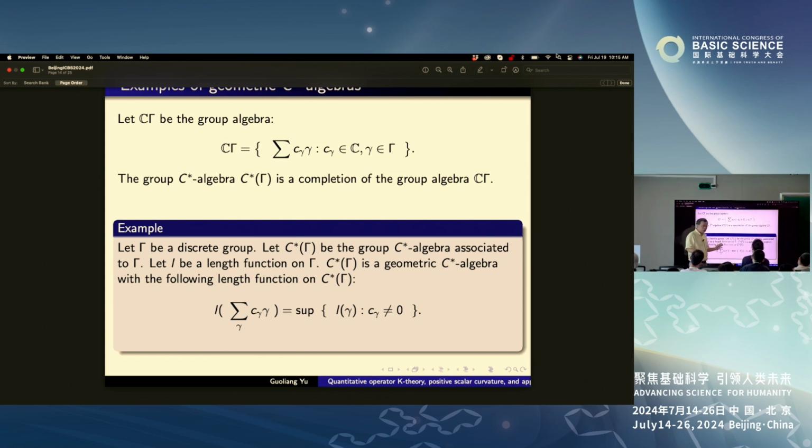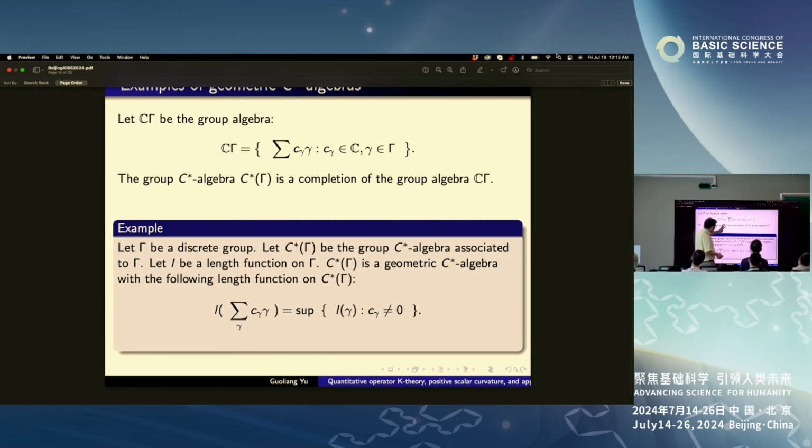For any countable group, there's always a length function. They are all equivalent in some sense. But the most natural way is, if the group is finitely generated, you take a finite generating set. It defines the length of a group element to be the minimal number of generators you need to express that group element. So that's called the word length.